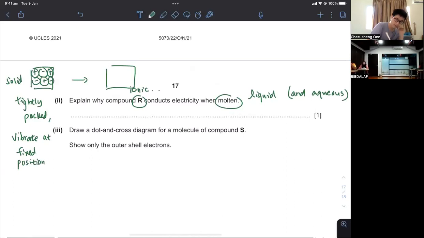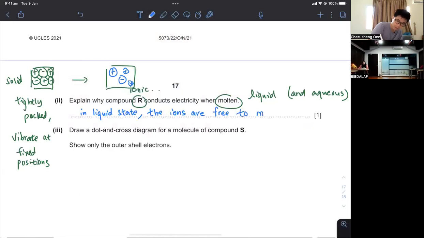The ions are not free to move at all. When you go to liquid, then you have more space in between. When you have more space in between, liquid particles can slide past each other. So in the liquid state, what we say is the ions are free to move.